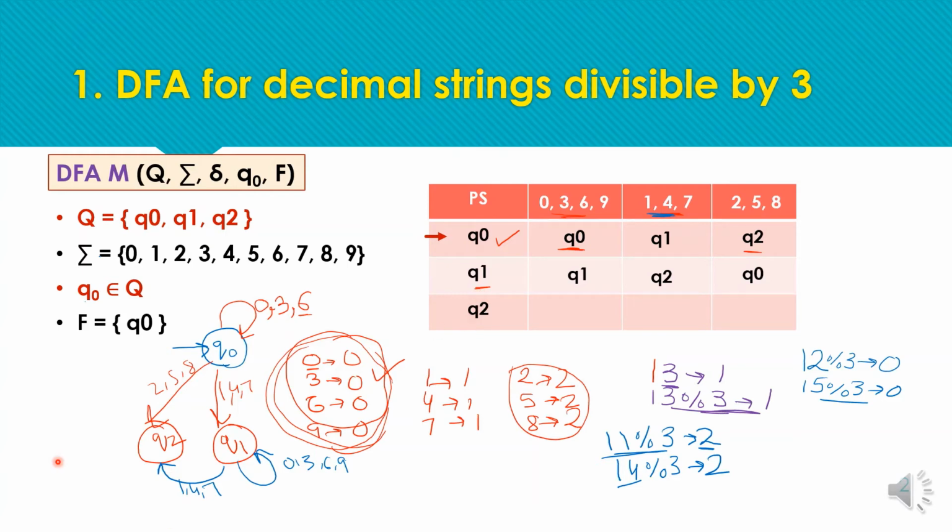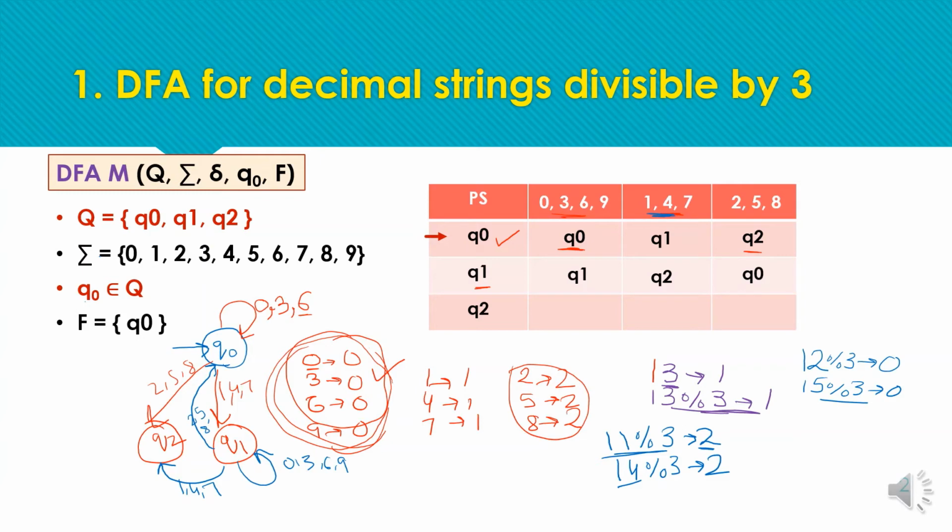So from Q2, let's draw the transition for the last set of input symbols from Q1. As for 2, 5, 8, we are moving to the state Q0. So transition will be like this for input symbols 2, 5 and 8.